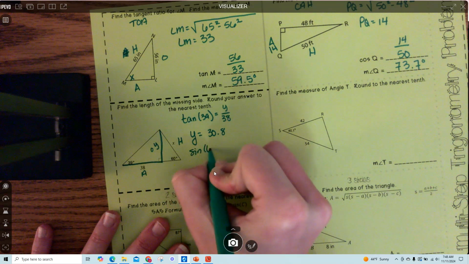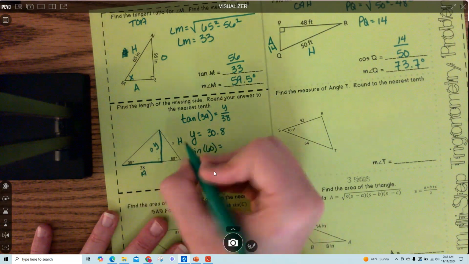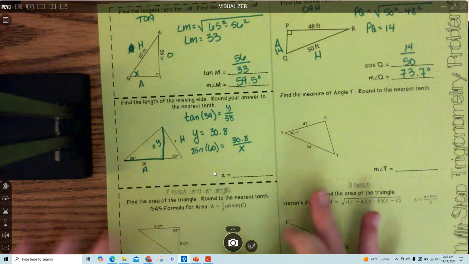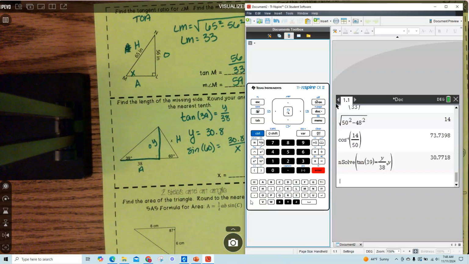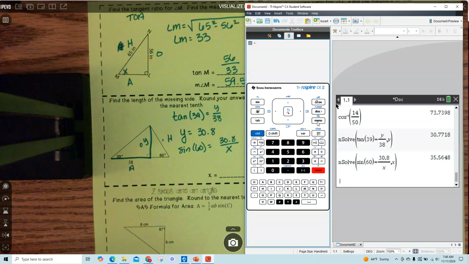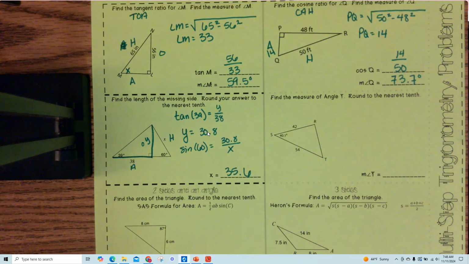So the sine of 60 is going to equal the opposite, which is y, but we know what y is, 30.8 over the hypotenuse. So again, let's just do menu 3-1 on this one. Sine of 60 equals 30.8 over x. And the measure of x would be about 35.6 when we round.